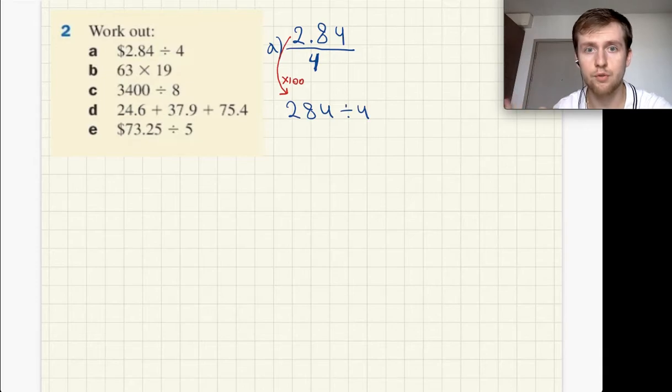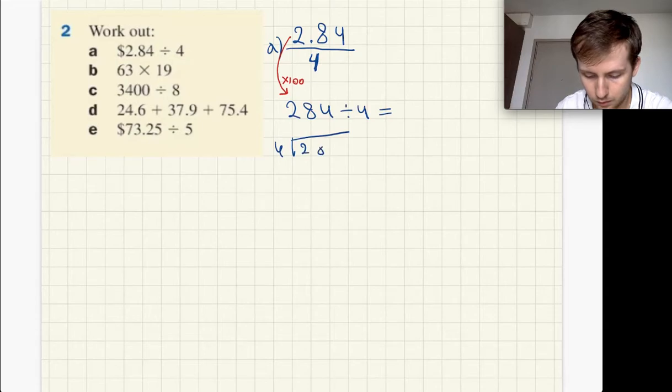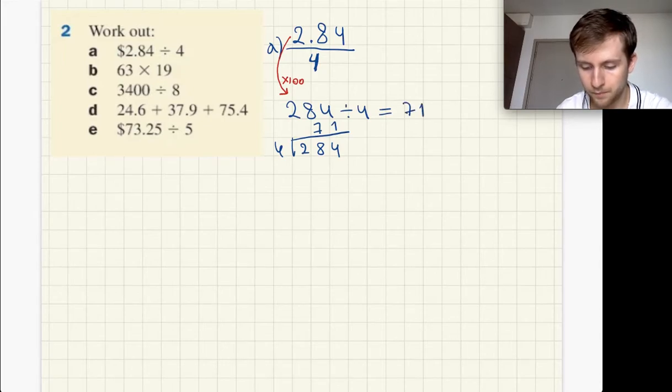So you see what we do is we times it by 100. And so what we will get, 284 divided by 4, is actually pretty easy to find. Right? 71 is the answer. So 284 divided by 4 is equal to 71.